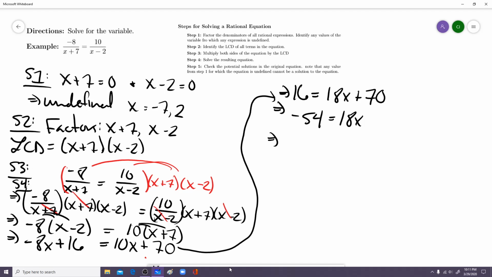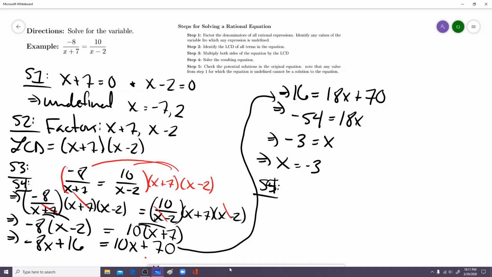Right, so now what do we do? I'm going to divide both sides by 18, and negative 54 divided by 18, that is negative 3. And 18x divided by 18 is x. So if you want to rewrite this, we can say x is equal to negative 3. Before we're done, the very last step that we have to do is we have to check, step 5.